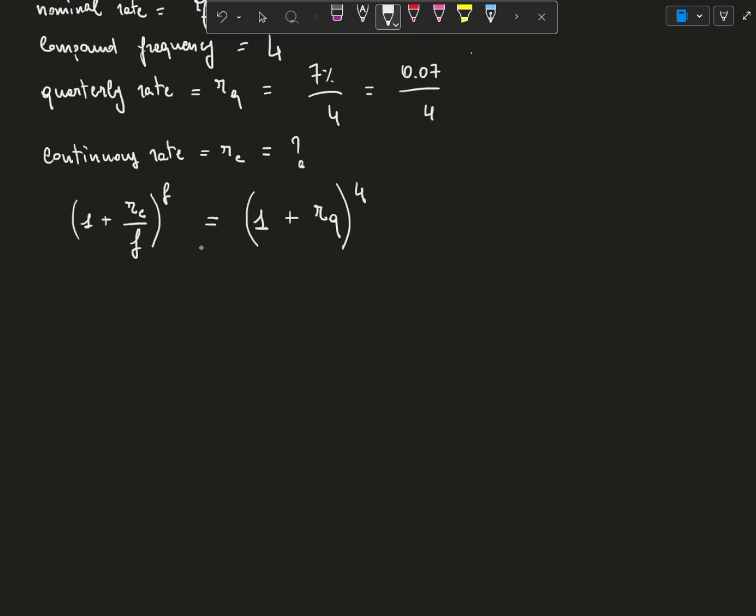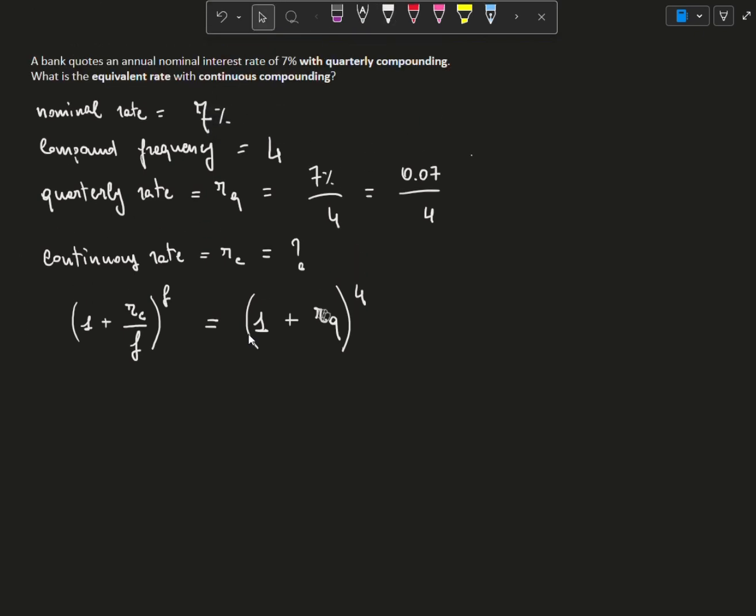However, what's interesting here is that the compounding frequency tends to infinity because we are compounding at every instant.